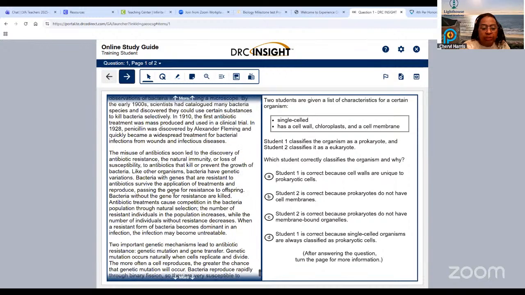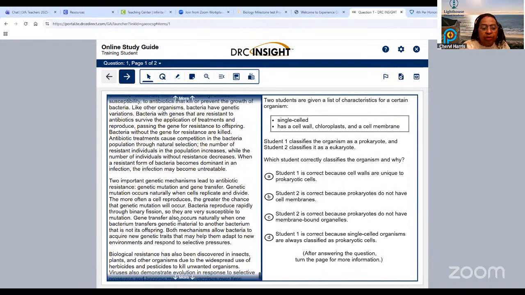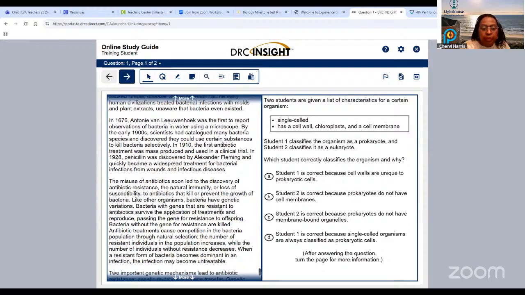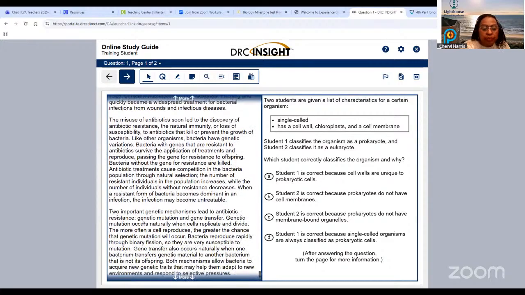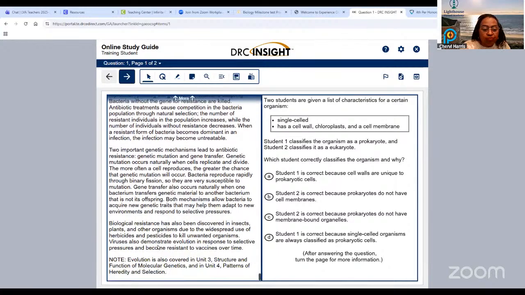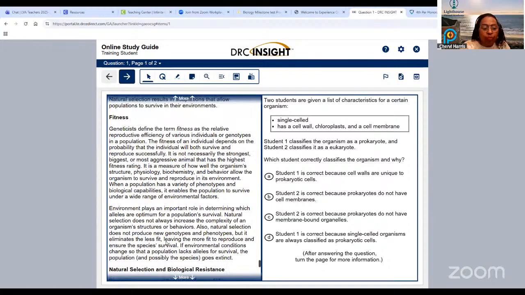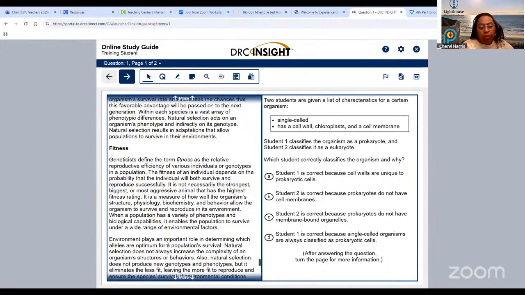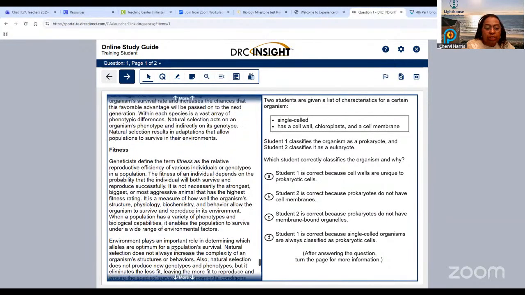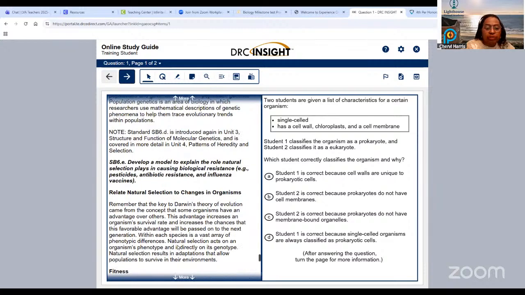We have to cover evolution. This is the cell. So we've covered the cell. We know about bacteria. But again, read through this. We've done genetics. We need to talk about natural selection and survival of the fittest.